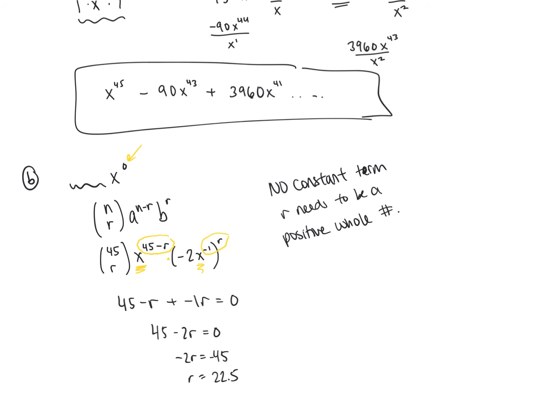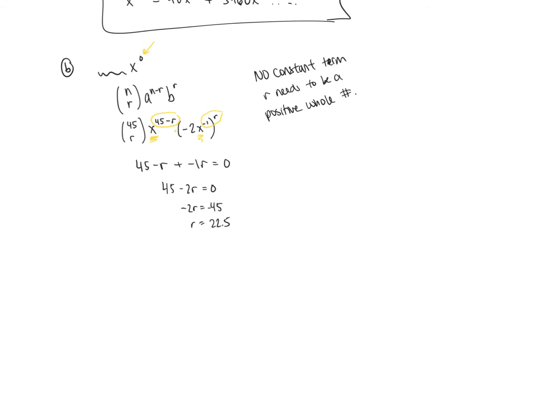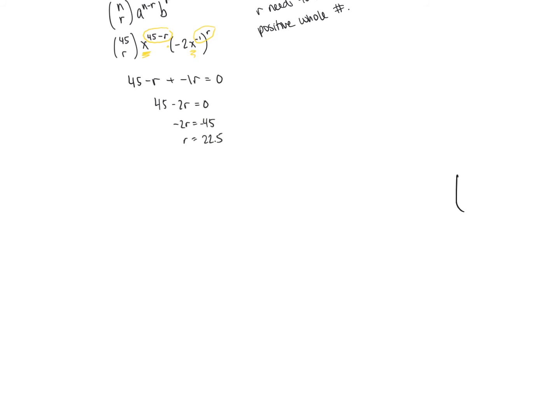Okay, then letter C wants us to find the last 3 terms of the expansion. Let me write down what the problem is. The last term would be 45 choose 45, x to the power of 0, negative 2 over x to the power of 45.